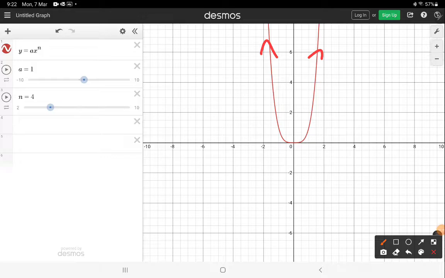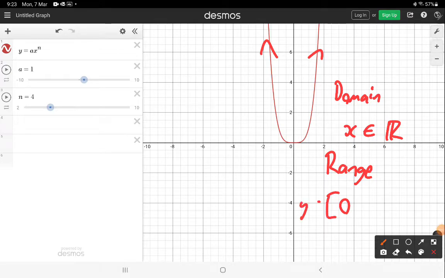For any of these even functions, the domain is just going to be x is inside double R, so there's no restrictions there. Whereas for the range, it's going to be from 0 up to infinity in this particular case.